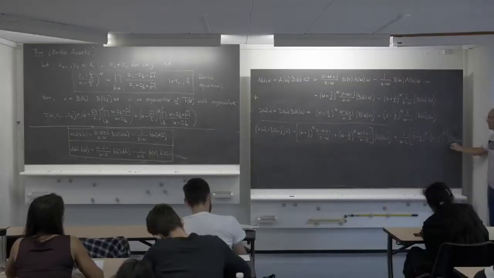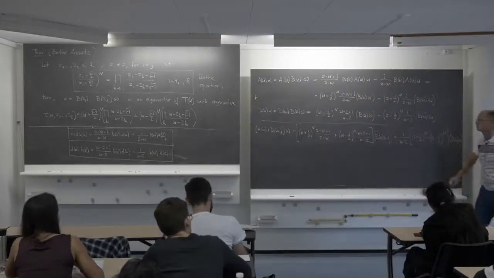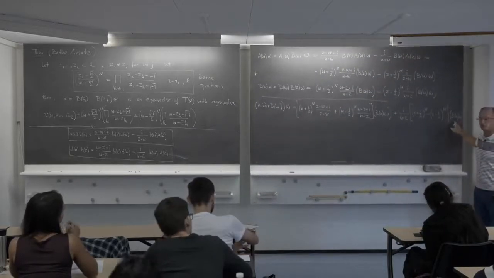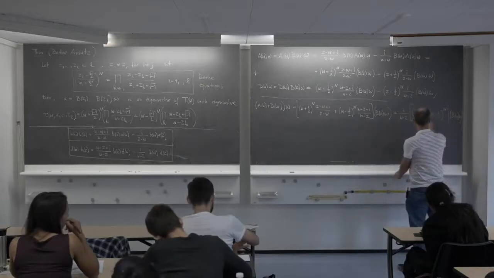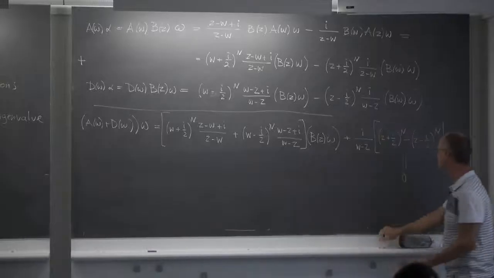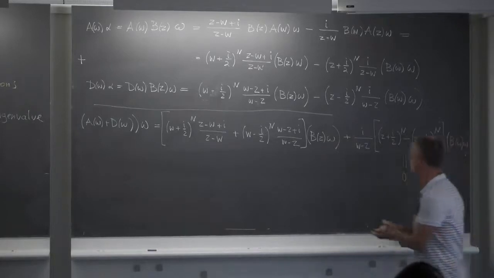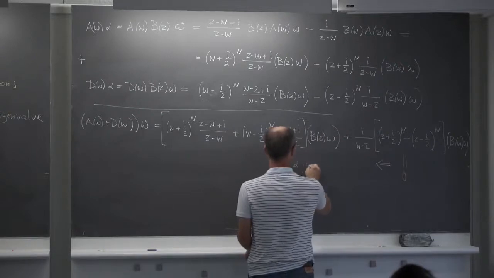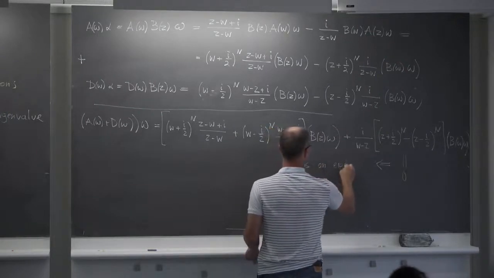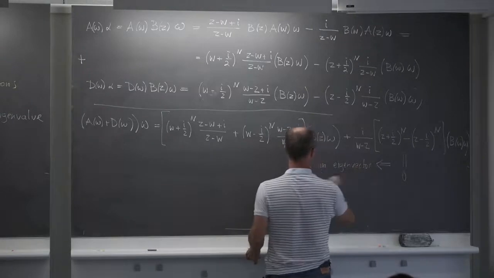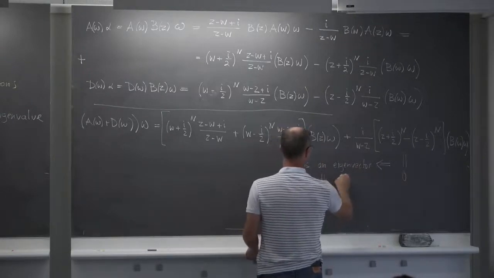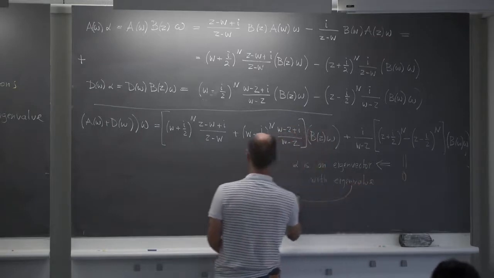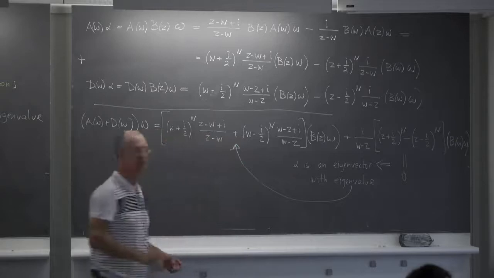So I get this term, and this term has to vanish, right? So there is no hope to get an eigenvector if this term doesn't vanish. So if this thing vanishes, then alpha is an eigenvector with an eigenvalue given by this huge expression.